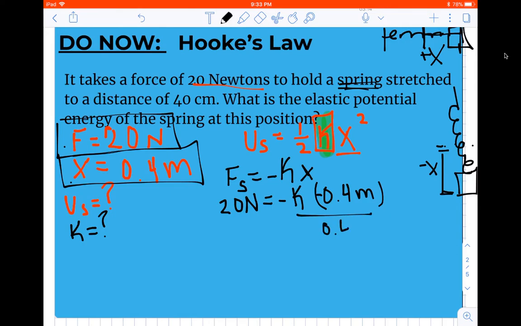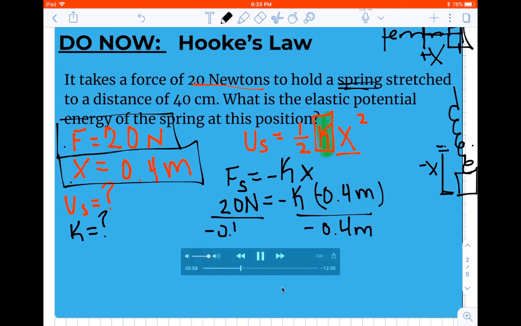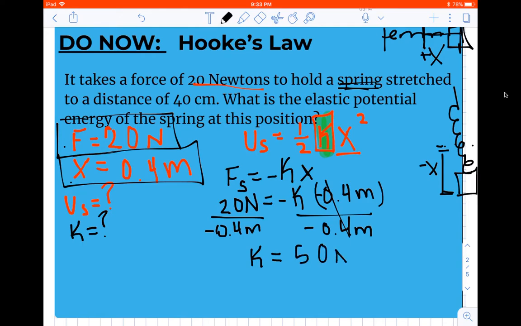So my last step is to divide both sides by that stretch distance to find K, which we now know is 50 newtons per meter.